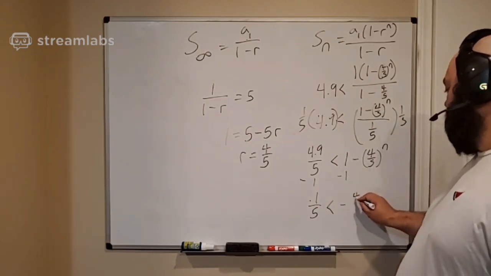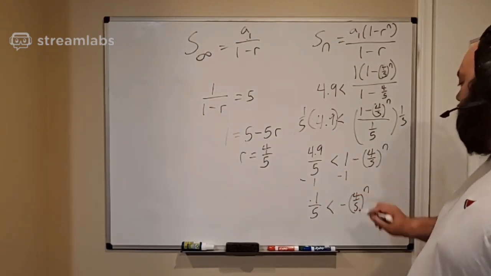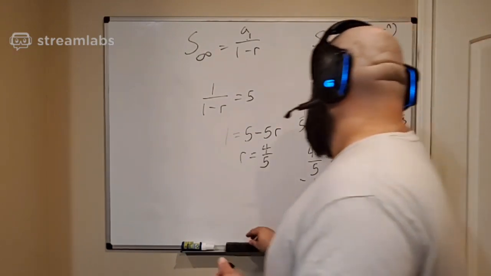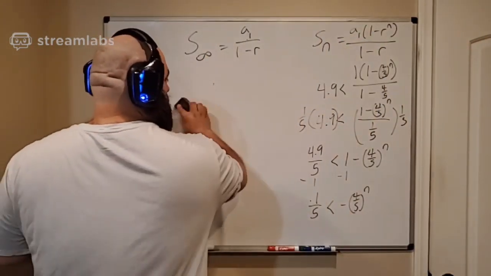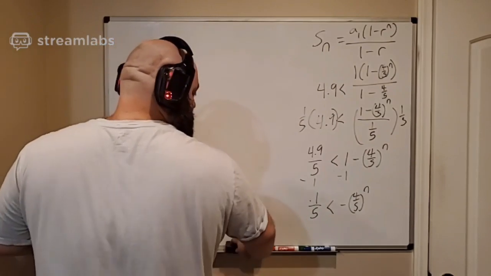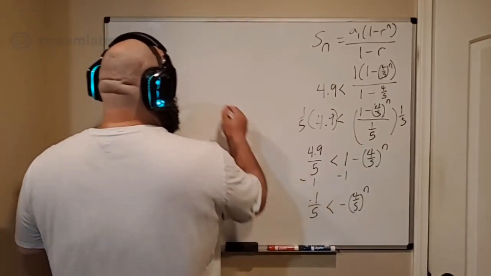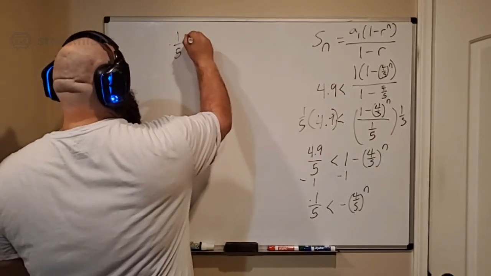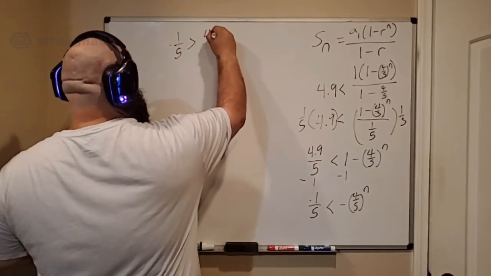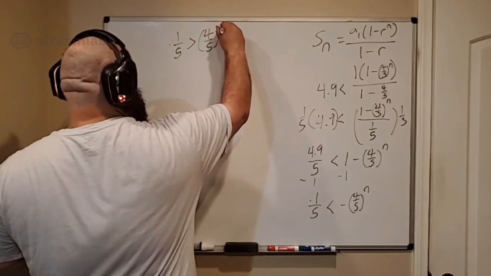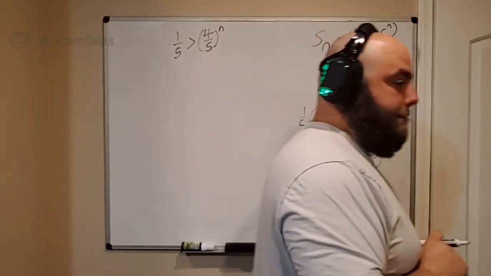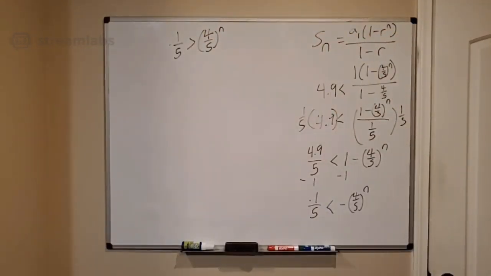I need to erase this up here. At that point, we need to get rid of this negative, so I'm going to have to multiply by -1 on both sides, which means I will need to flip my sign, so 0.1 over 5 is greater than 4/5 to the n. So now the question is, how do I solve for n?